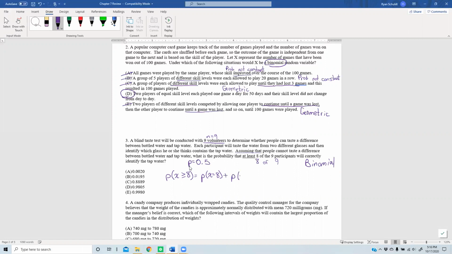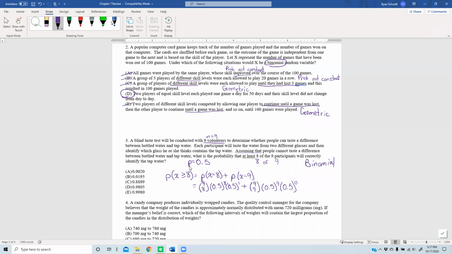Plus the probability that x equals 9. Okay, so we're going to have 9 choose 8 times 0.5 to the 8 times 0.5 to the 1, plus 9 choose 9 times 0.5 to the 9 times 0.5 to the 0.